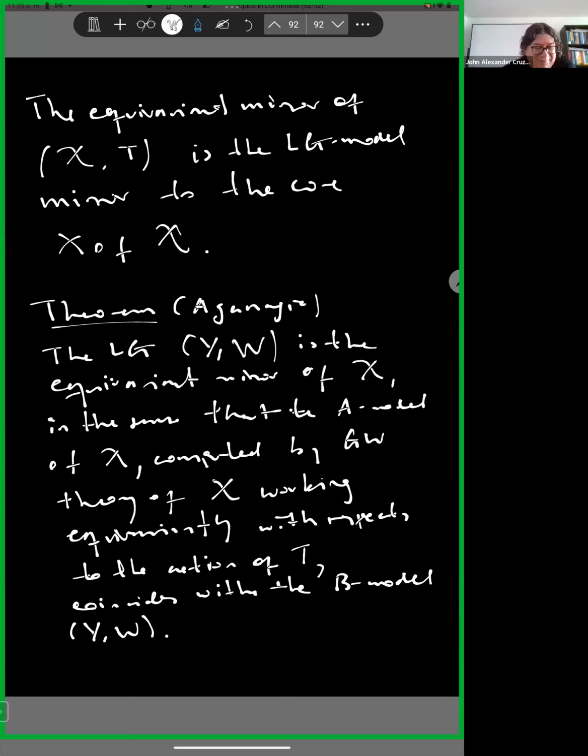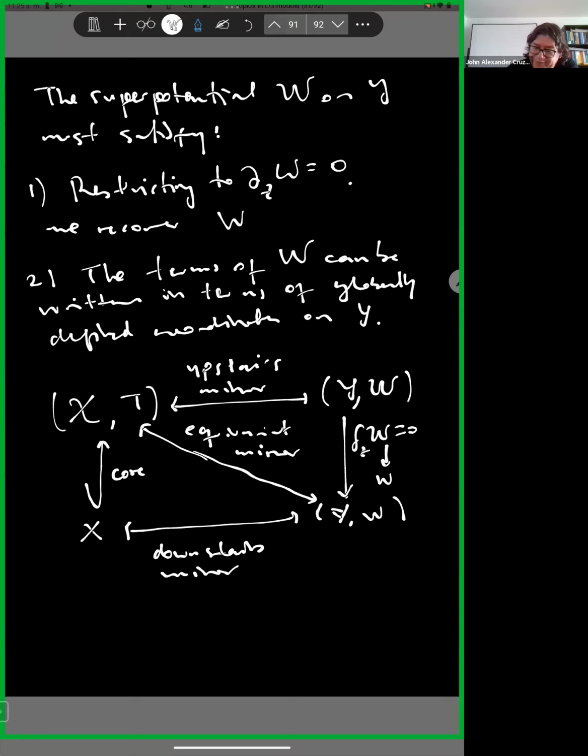And that's what she means by equivariant mirror symmetry. So the equivariant A model here corresponds to the B model here. But in a certain sense, this is not equivariant, because this is interesting.